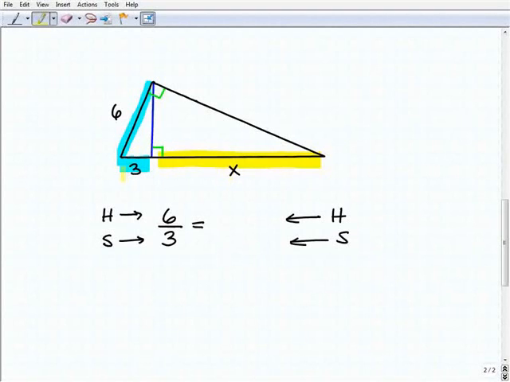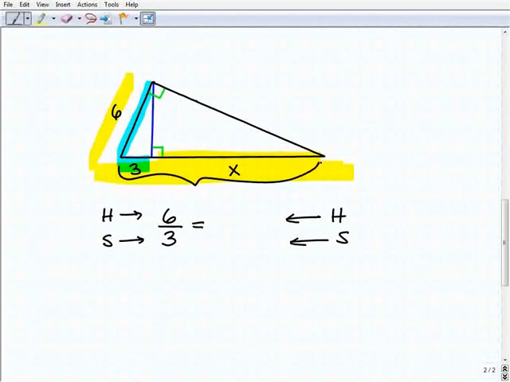So I'm going to say this length right here is the hypotenuse of the largest triangle, and 6 is the base or the shortest side of the largest triangle. The hypotenuse, this entire length here, would be 3 plus x. I got 3 here, I have x there, so this would be 3 plus x.